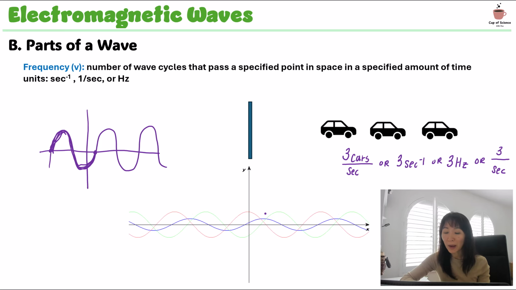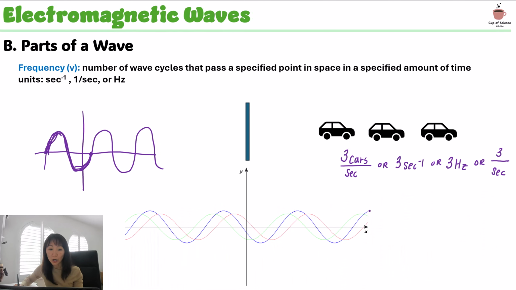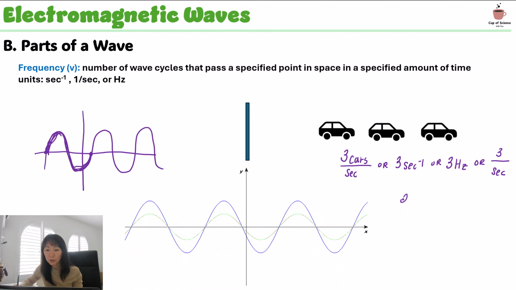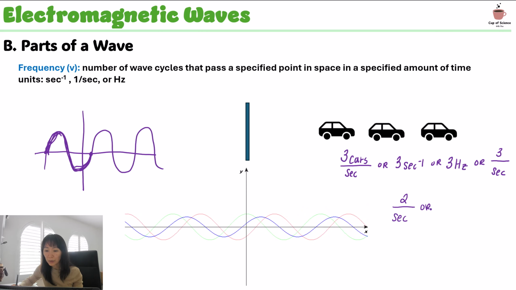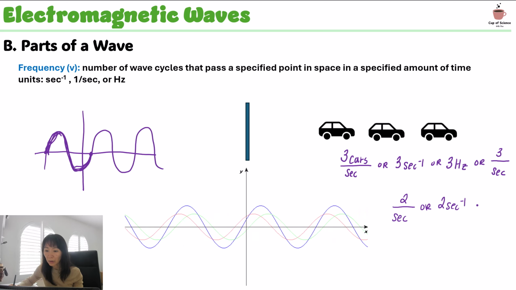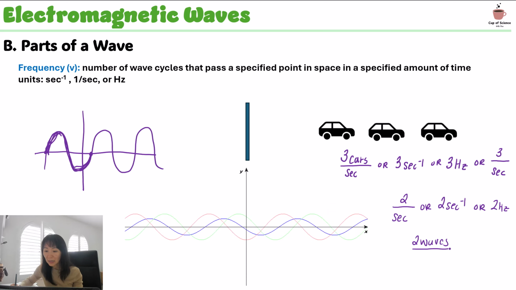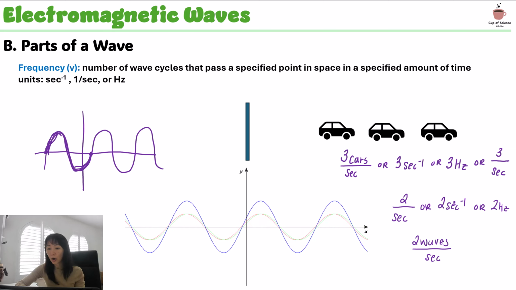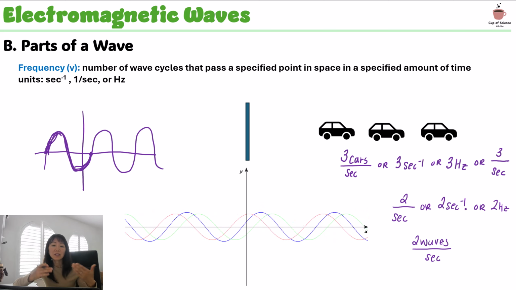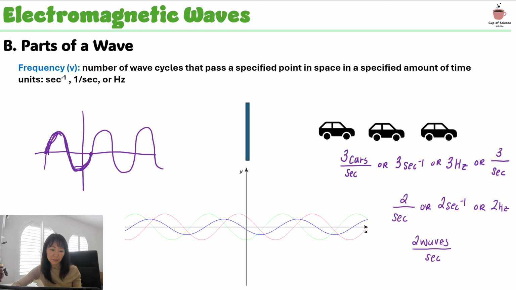Then the frequency in hertz would be 2/second, or we can say 2 second to the -1 power, or 2 hertz. You can also write it as 2 waves per second. We usually don't write the waves, and we don't write the cars either. But this is what a frequency is.